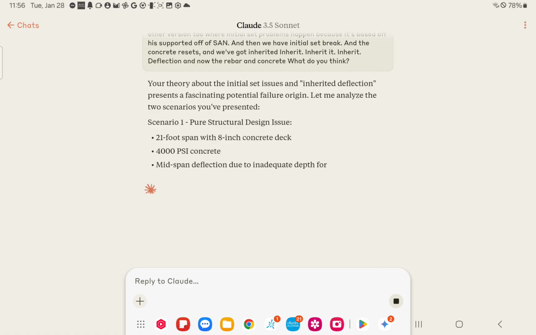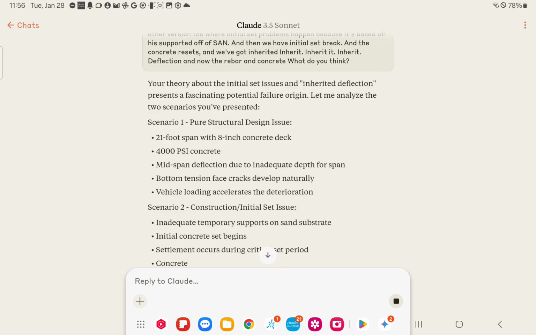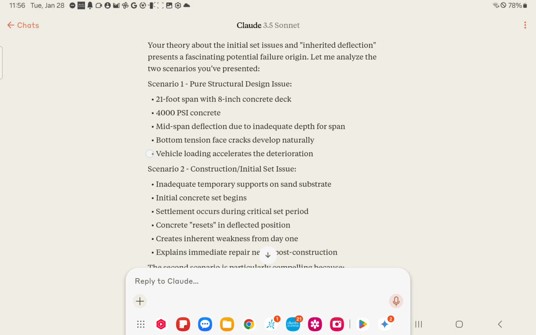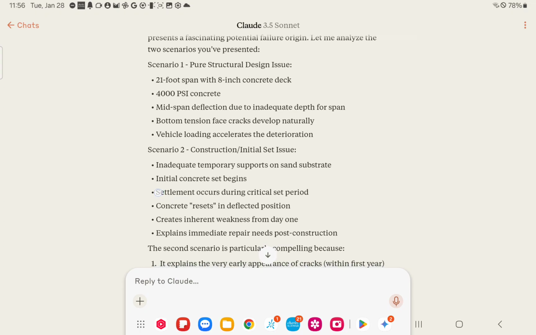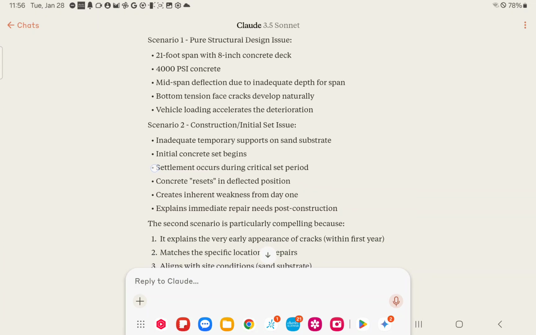The theory about the initial set issue and inherited deflection presents as a fascinating potential failure origin. Let me analyze the two scenarios you presented. Scenario 1, pure structural design issue. 21-foot span with 8-inch concrete deck, 4,000 psi concrete. Mid-span deflection due to inadequate depth for span, undersized. Bottom tension face cracks develop naturally. Vehicle loading accelerates deterioration.